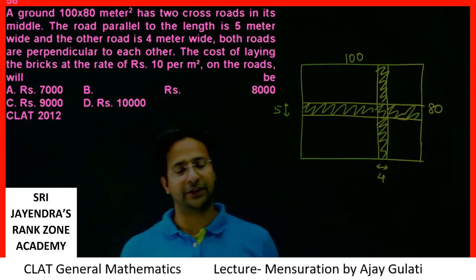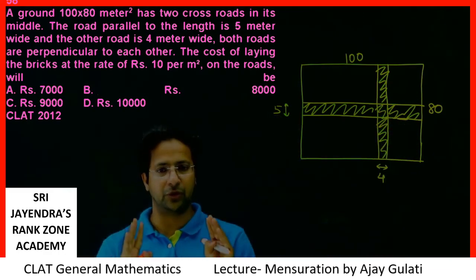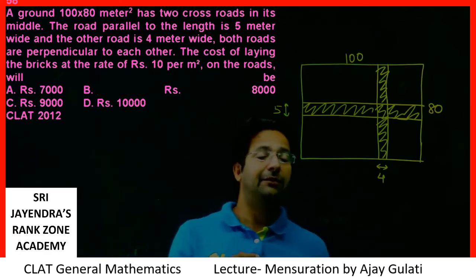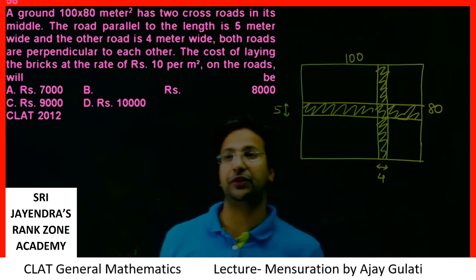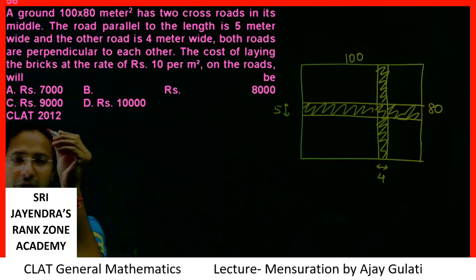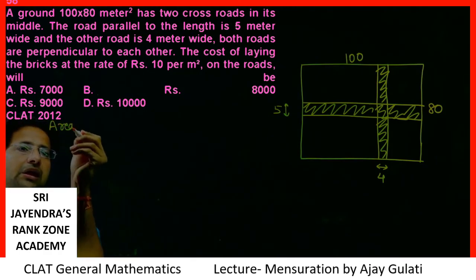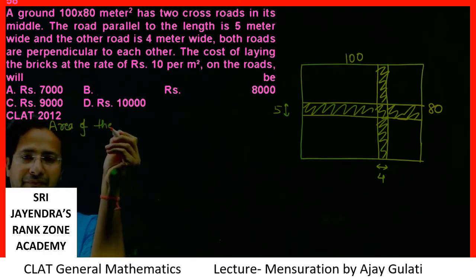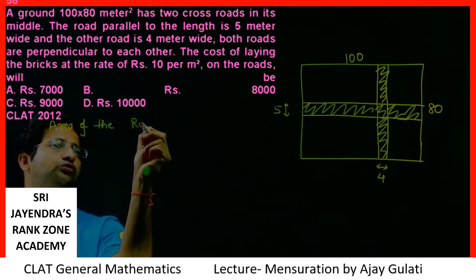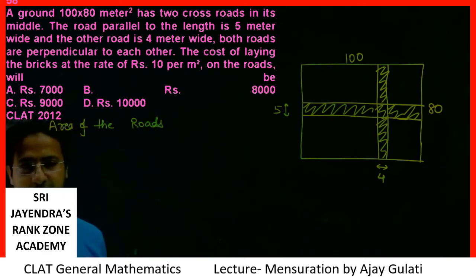So we are provided the cost of laying the bricks on the road. But before laying the bricks on the road, I need to find out the area of the roads, okay? What I need to find out? Area of the roads. Both the roads.